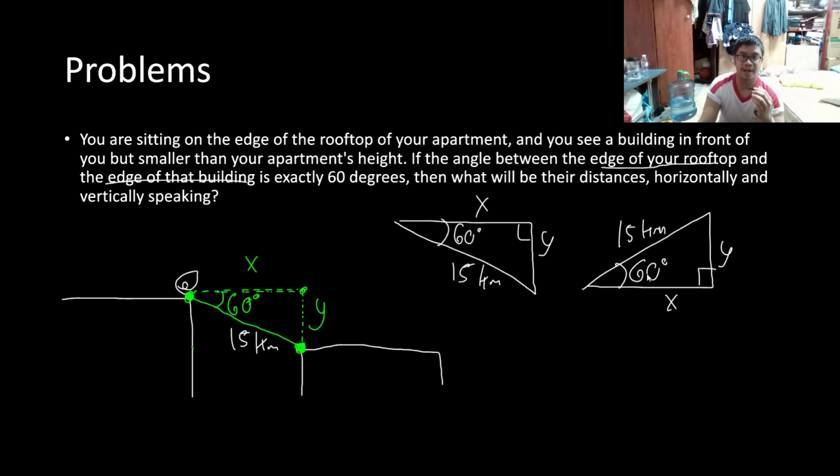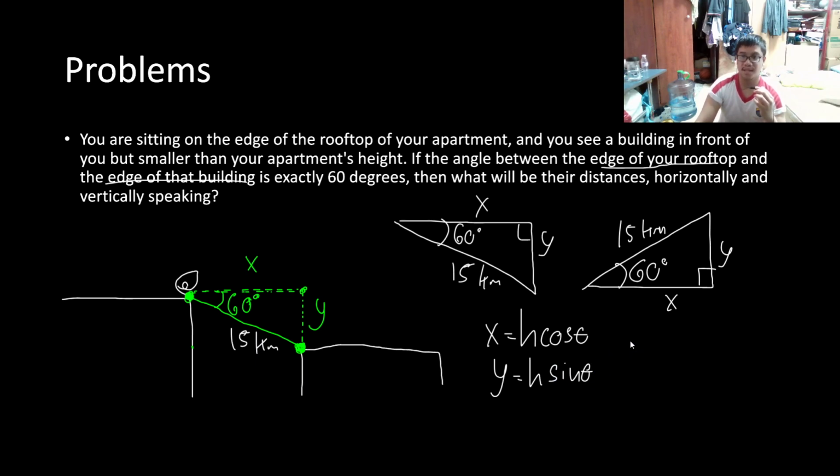So here we're going to find x and y. We're going to use trigonometric ratios, but there's actually a technique here instead. Recall that when we learned right triangle trigonometry, suppose we have a given hypotenuse and you're looking for the horizontal and vertical components, all you need to do is use this formula: x is equal to hypotenuse times cosine theta, and y is equal to hypotenuse times sine theta.